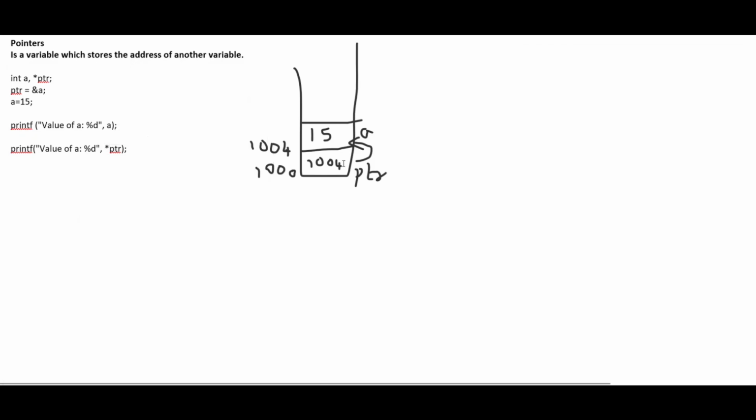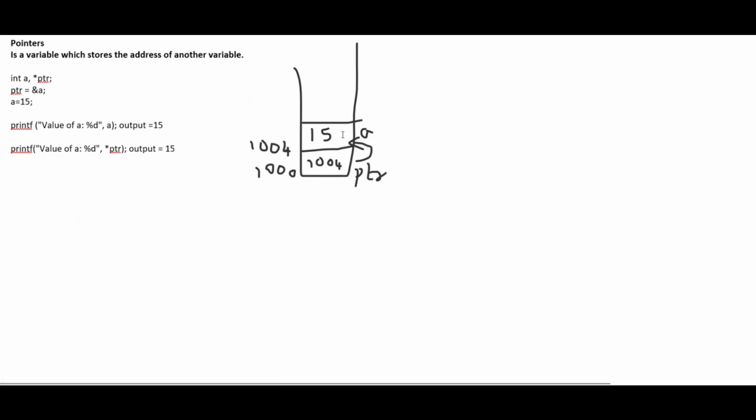When I say 1004 is an address, you go to the address and access whatever is there. Even here you'll get the output as 15, because you're trying to access the value through its address. That means 1004 is the address; go to the location 1004 and whatever is there, you get it.